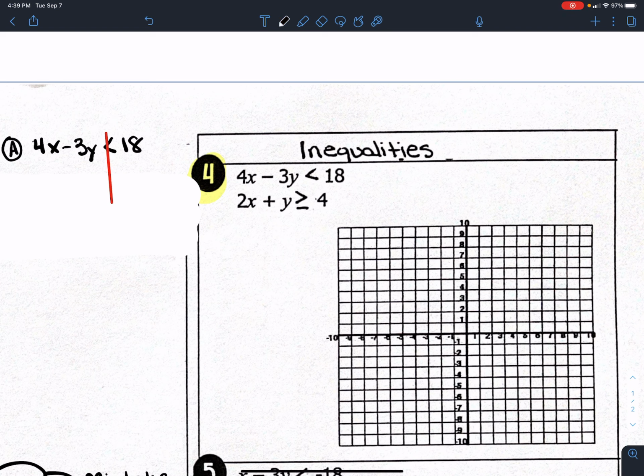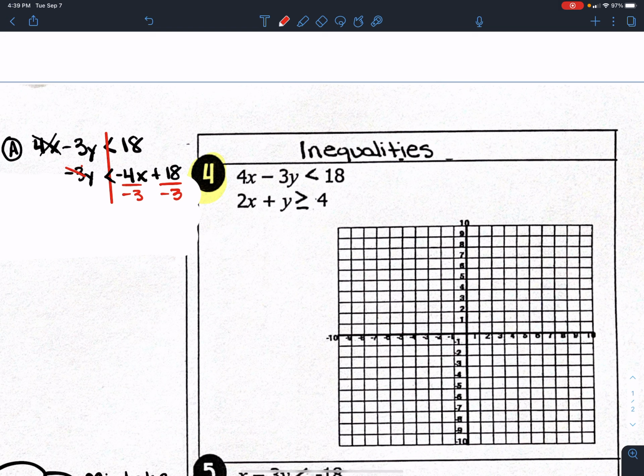All right, move the 4x to the other side. So I have -3y is less than -4x plus 18. Now, this is where, instead of multiplying -3 times y, I want to divide everything by -3.